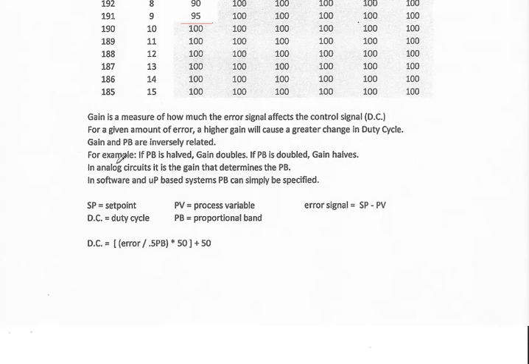Varying that pot turns the gain up or down, which widens or narrows the proportional band. So it's that kind of cause and effect. You would adjust the gain in an analog controller in those days, and the proportional band would change.